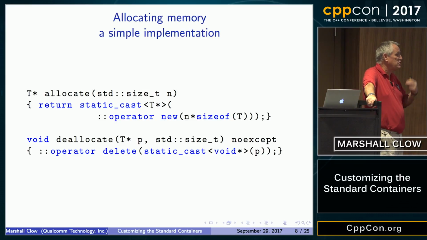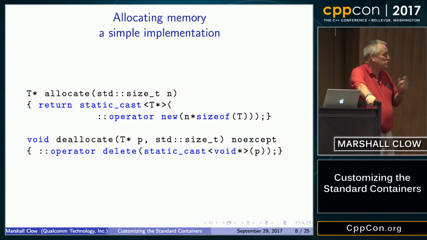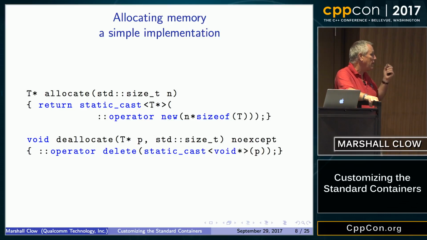That's not all allocations, but it's all allocations for a container. So if somebody just says new foo, that's not going to be tracked because that's not in a container. But you also have the opportunity to replace the global operator new and delete. Those are replaceable functions. That's a little out of the scope of that talk, but it touches on this stuff.